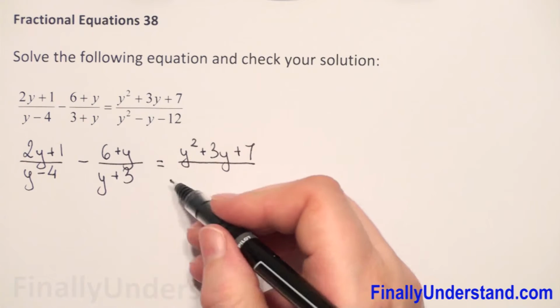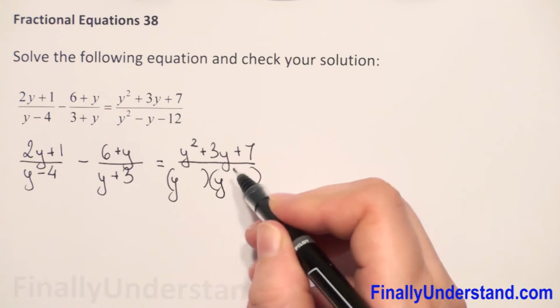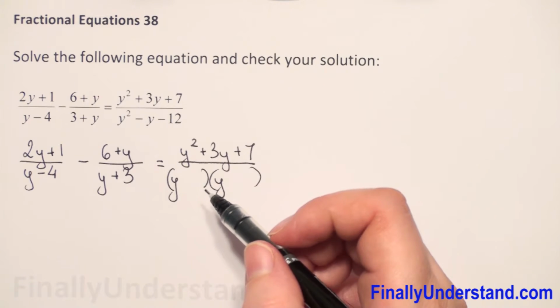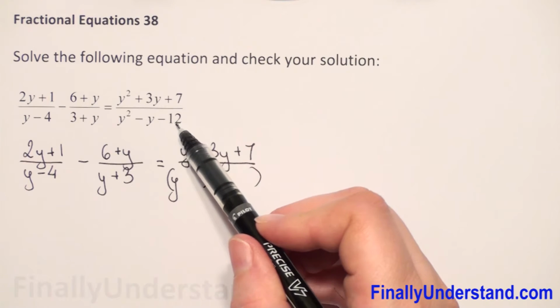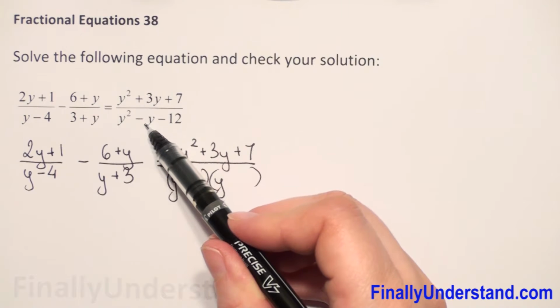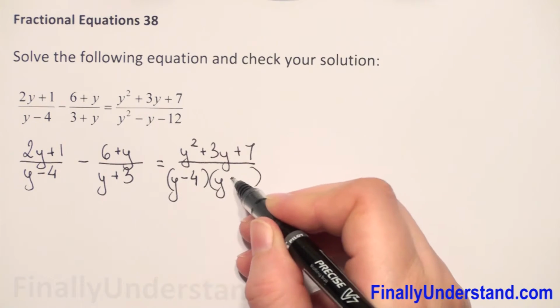Now we have y squared at the beginning, so y times y is y squared, and now we have to find two numbers which when I multiply I will have negative 12, and when I add I will have the coefficient before y, invisible negative 1. So it will be negative 4 and positive 3.